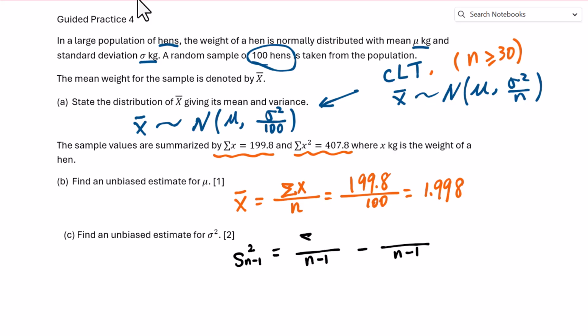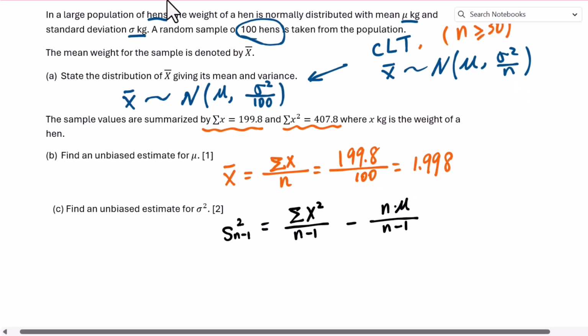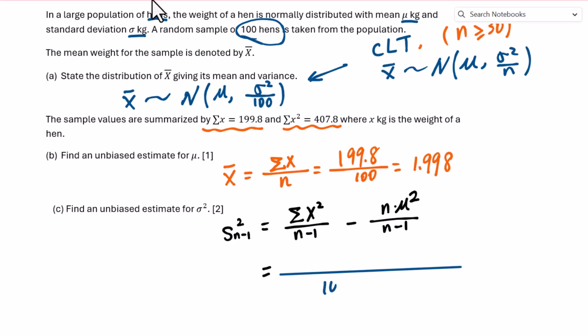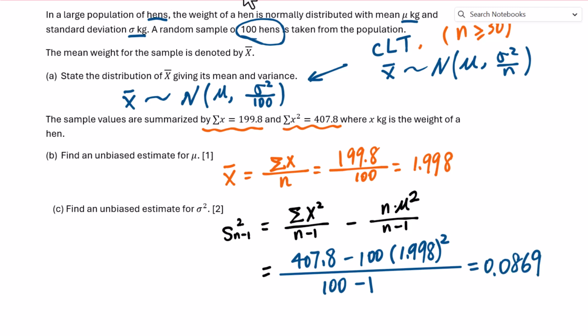Numerator, sigma x squared minus n times mu squared. Do the substitution. Denominator 100 minus 1. Numerator 407.8 minus 100 times 1.998 squared equals, answer is 0.0869.